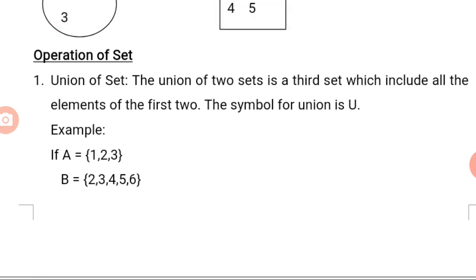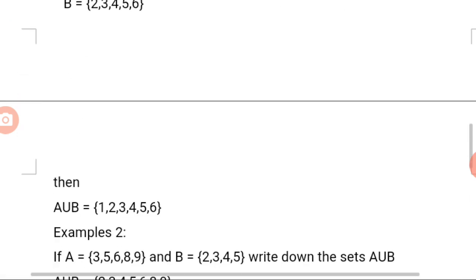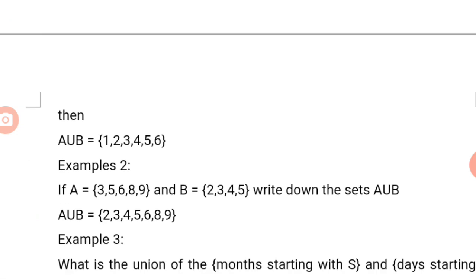Example. If set A has elements 1, 2, and 3, and set B has elements 2, 3, 4, 5, and 6, then A union B will be 1, 2, 3, 4, 5, and 6.